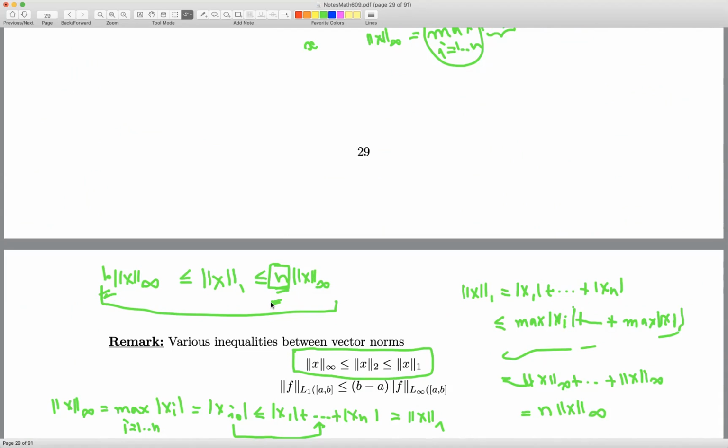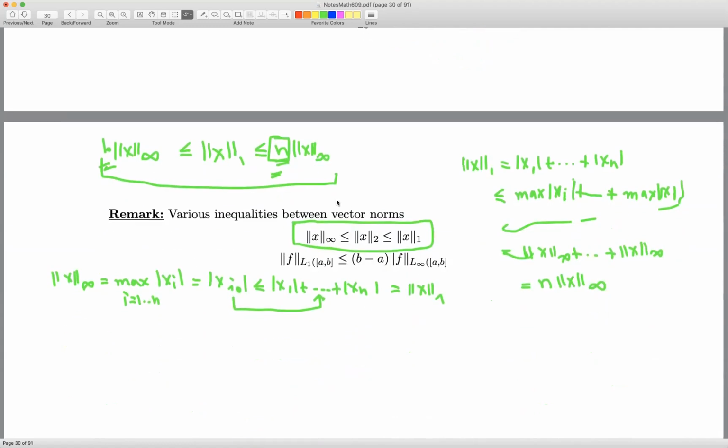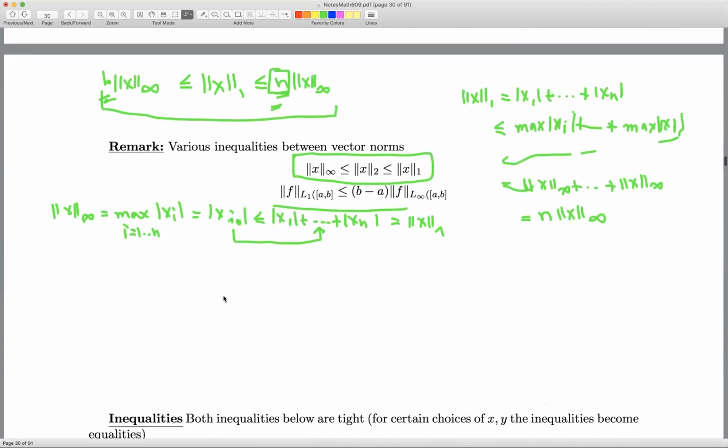And for example, if we would like to prove this inequality, we can prove a slightly different version. Let's say we have the integral from a to b of the absolute value of f of x dx. This is the L1 norm of the function f. This is less than or equal to the maximum of f of x over the whole interval.